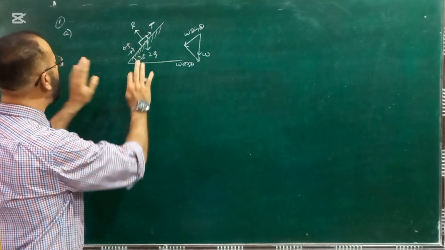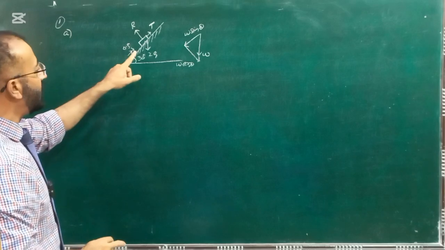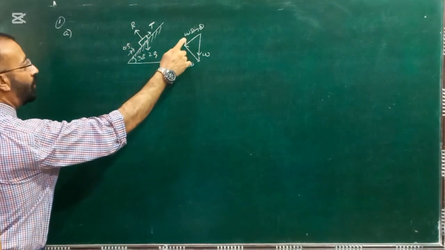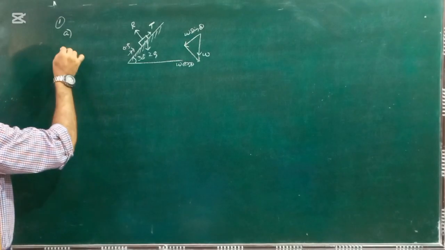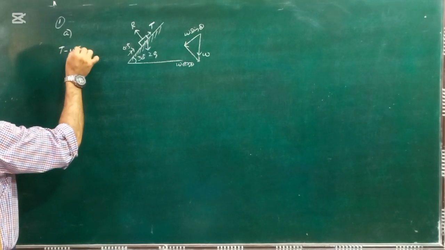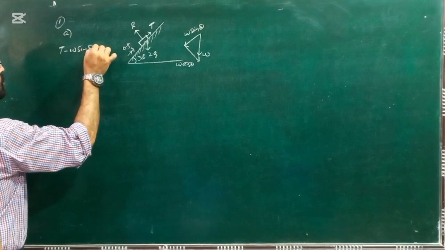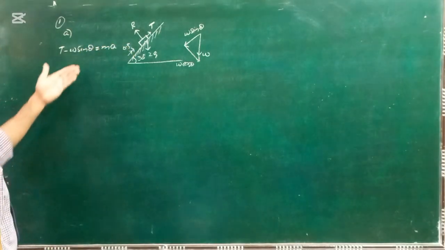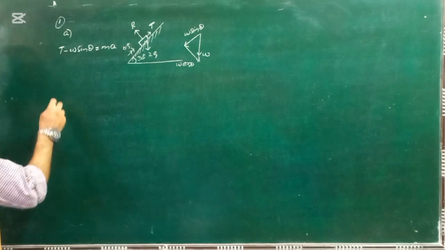No friction is there in the A part because the plane is smooth. So this is the only factor which will be subtracted from the tension in the string, that is W sine theta, equal to MA, because this is the resultant force.